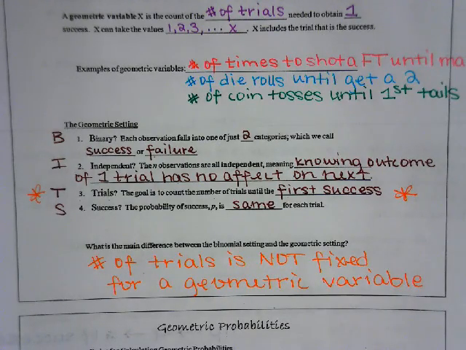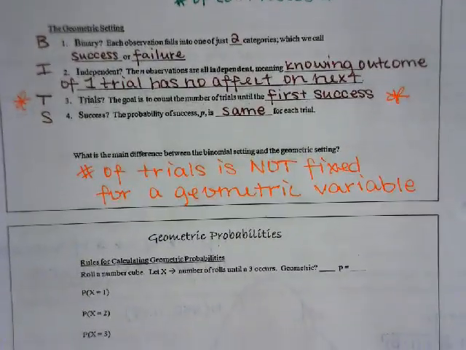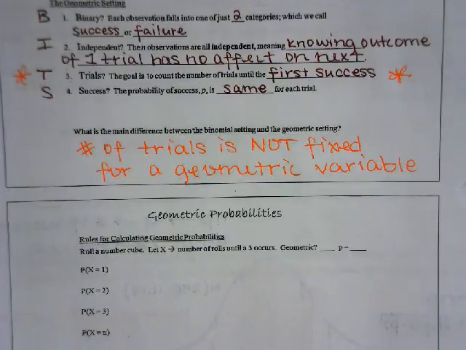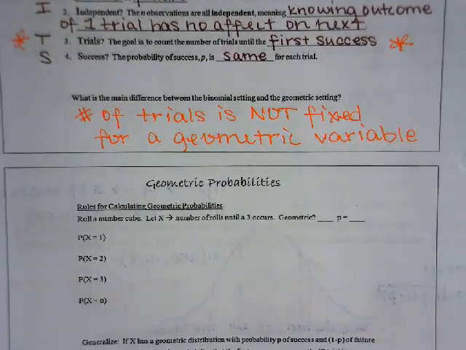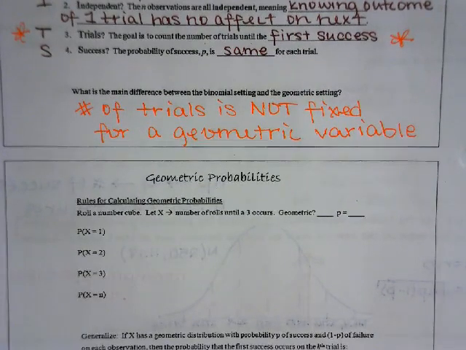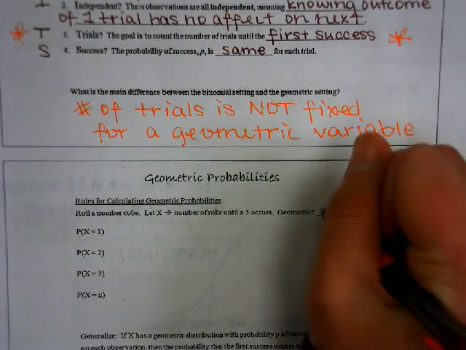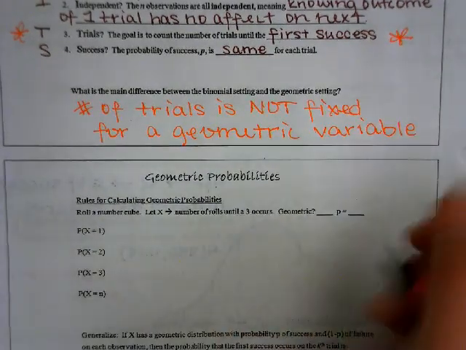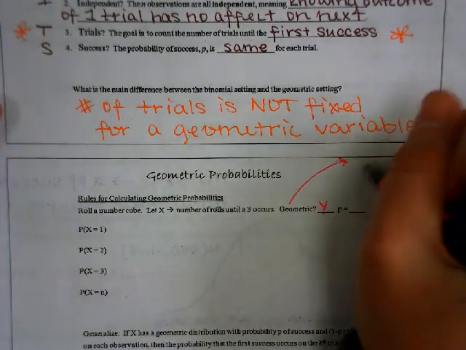So, we're going to roll a number cube, also known as a regular six-sided die. We're going to let x represent the number of rolls until we get a 3. Is x a geometric variable? Yes. B, success is a 3.